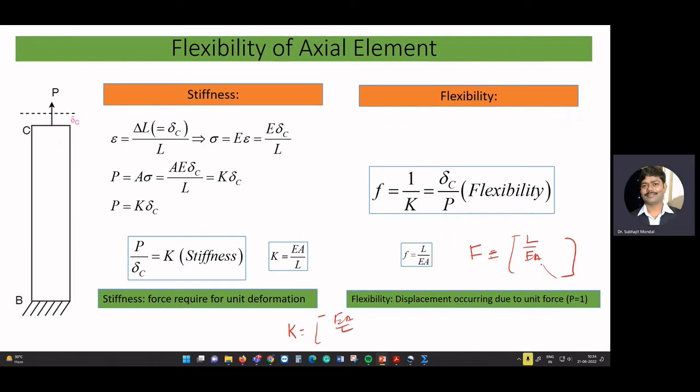Next, we are going to see how you can obtain the flexibility matrix for a truss problem, for a beam problem, and for a frame problem.